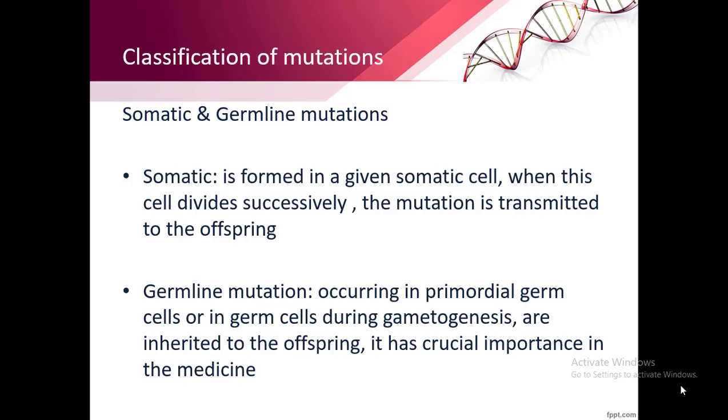Since it happens in the germ cells during gametogenesis, it means that they may not pass from parents to the siblings, because they occur during gametogenesis. They are inherited by the offspring.